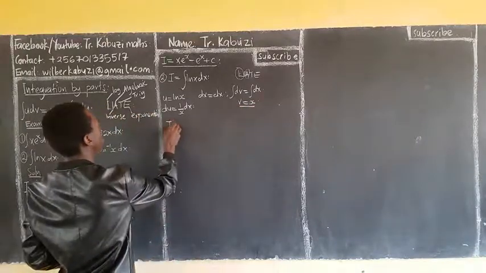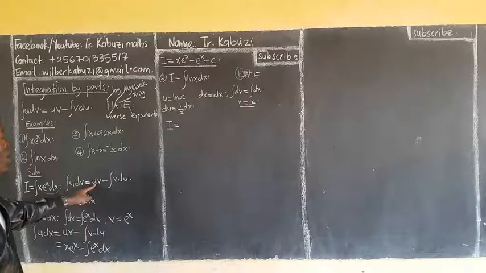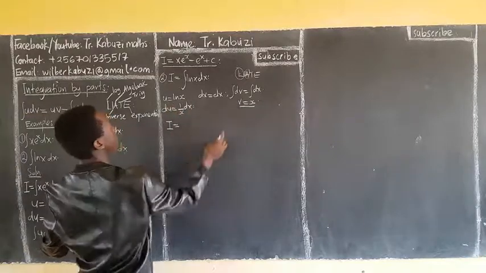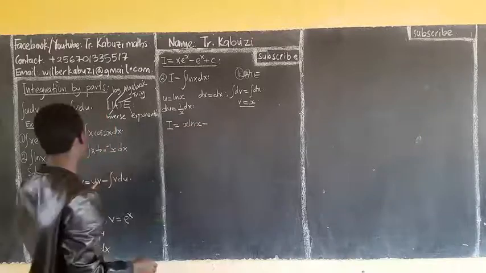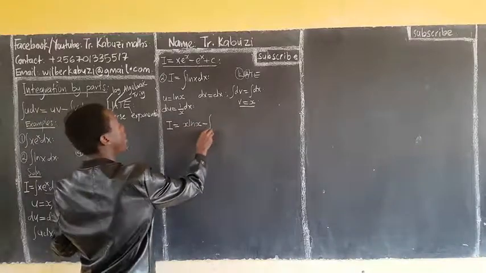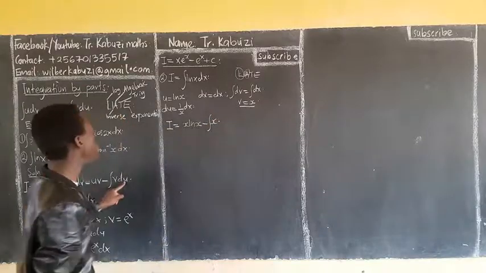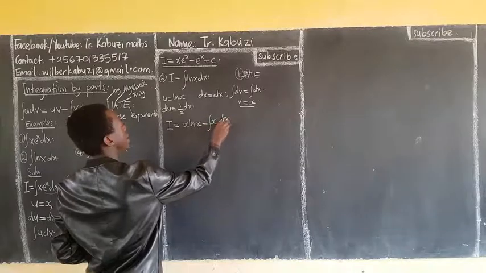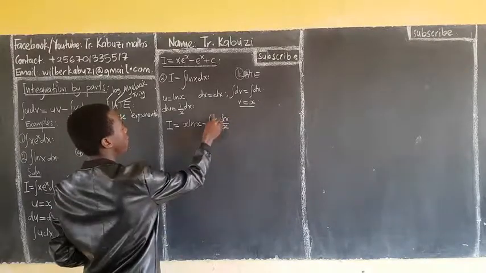The integral will be u times v, so I have x natural log of x, then minus the integral of v, which is x, times du. My du is dx over x, and so the x will cancel.